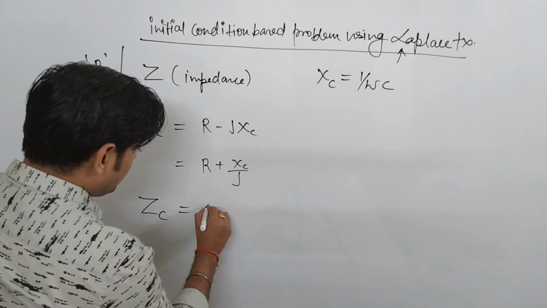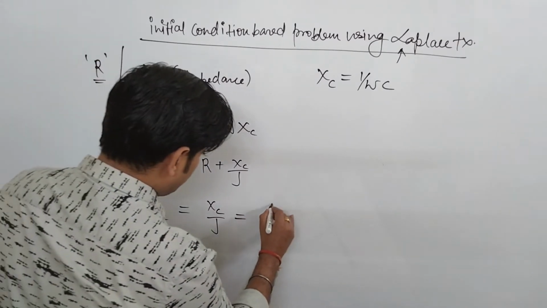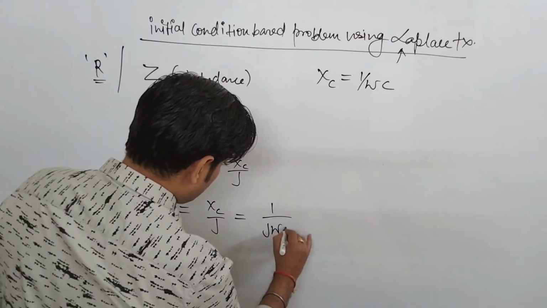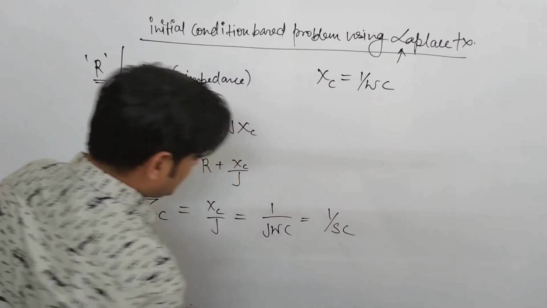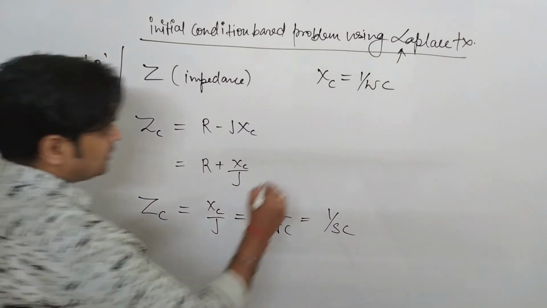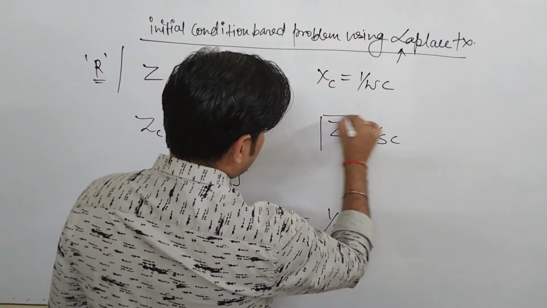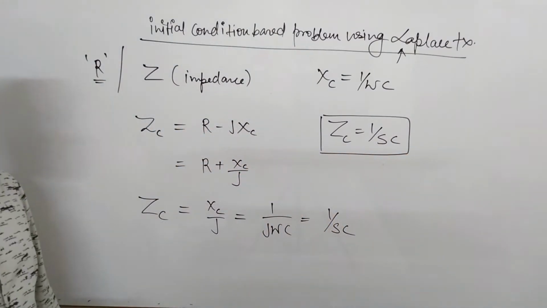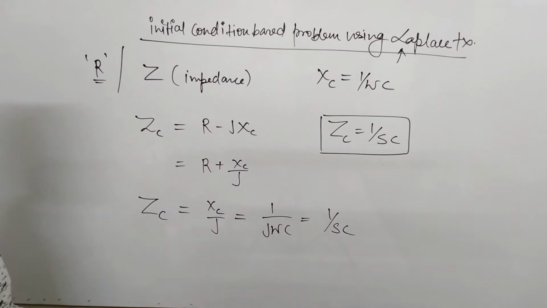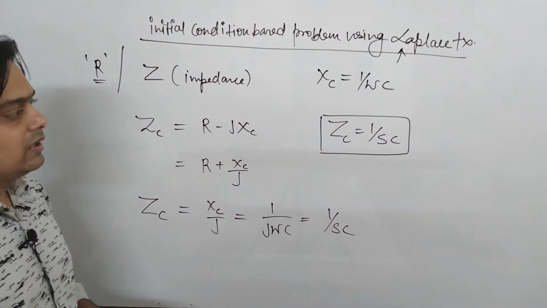So that comes to be XC by J, and that comes to be 1 upon J omega C. And as I said, the value of J omega is S, so the value of ZC comes to be 1 by SC. It represents the capacitive impedance.